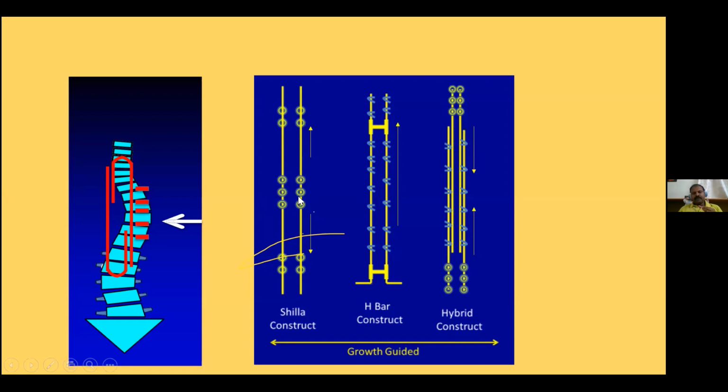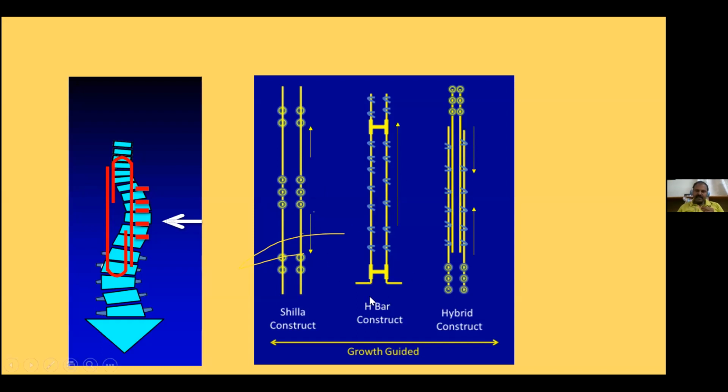But here in the Shilla technique, they fuse the apex with pedicle screws and two rods going on. You do have anchors here, but the screws won't be locked. They're just over there, and this is sliding. So once you fuse the apex, whatever growth happens is on either side like this. This is again a guided growth technique introduced by McCarthy.